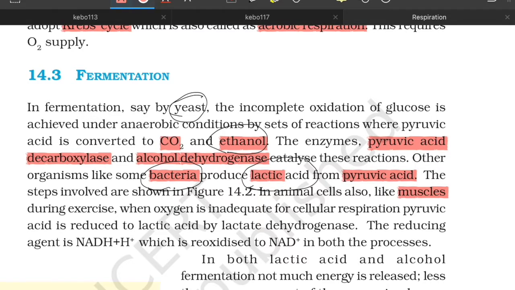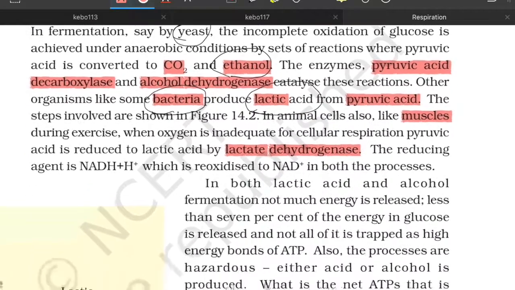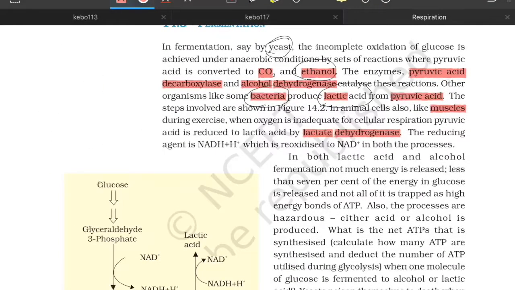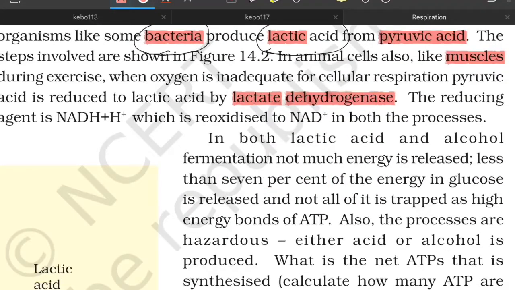What happens? Oxygen is inadequate, so pyruvic acid is reduced to lactic acid by lactate dehydrogenase. The reducing agent is NADH, which is reoxidized to NAD plus in both processes. In both lactic acid and alcohol fermentation, not much energy is released, less than 7%. This is also very important. Very important.